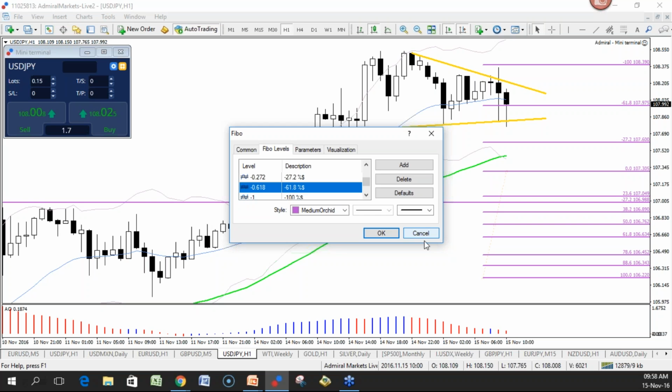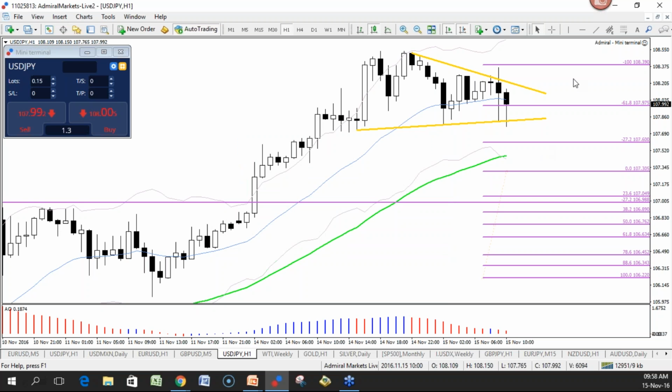So this is something I added manually. You can use the same fib that MetaTrader 4 Supreme Edition has, or if you're not using Supreme Edition, also of course the usual MT4, and then I add those levels.